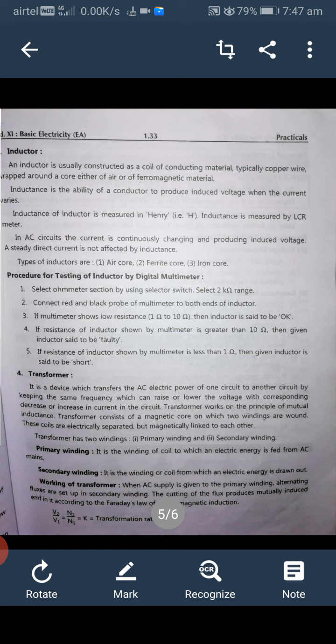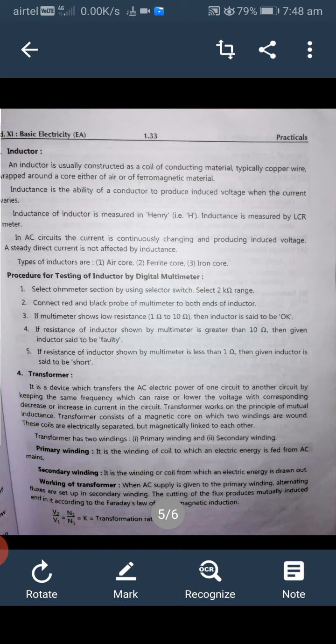Transformer. It is a device which transfers the AC electric power of one circuit to another circuit by keeping the same frequency, which can raise or lower the voltage with a corresponding decrease or increase in current in the circuit.